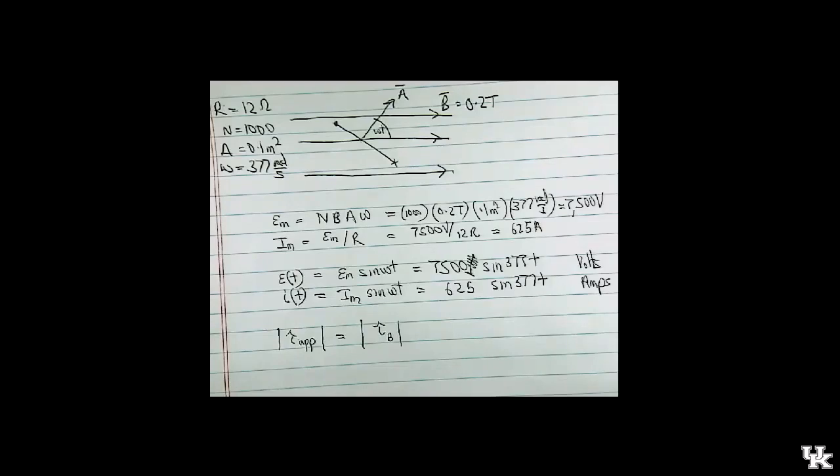I have to apply a torque on the loop because there's an opposing magnetic torque that's trying to stop the motion, and that opposing magnetic torque is coming from the fact that there's an induced current in the coil that's in a magnetic field. When you get an induced current in a coil in a magnetic field, that creates a torque on the loop.